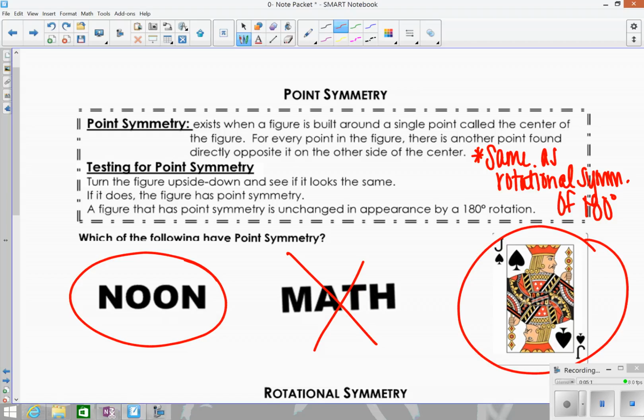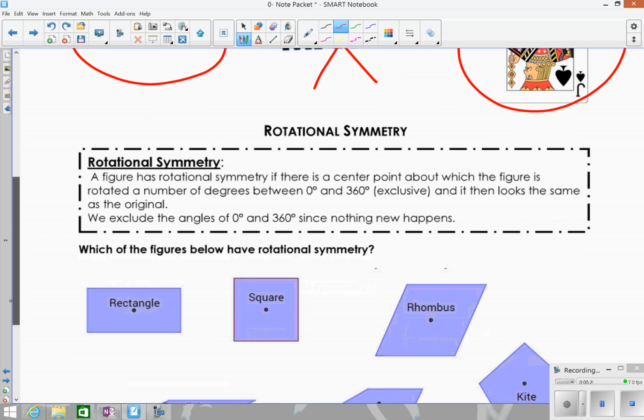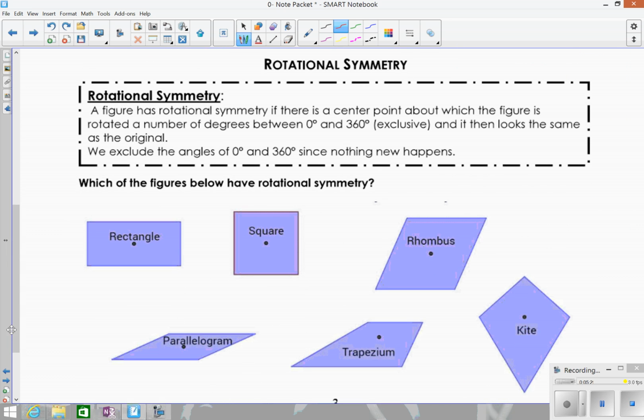If it looks the same, then it has rotational symmetry of 180 degrees, which means point symmetry. And then the last one is called rotational symmetry. So rotational symmetry means that if I rotate a figure some degrees that are greater than 0 but less than 360 and it looks the same, it means it has rotational symmetry.